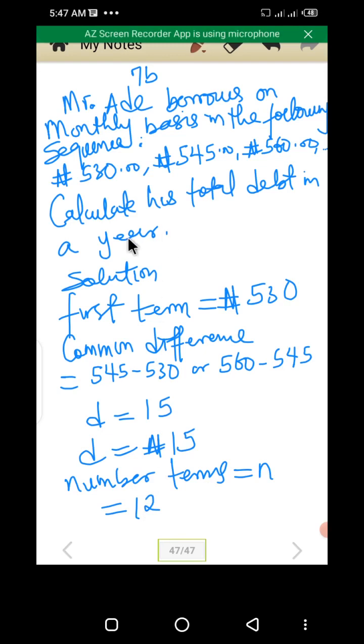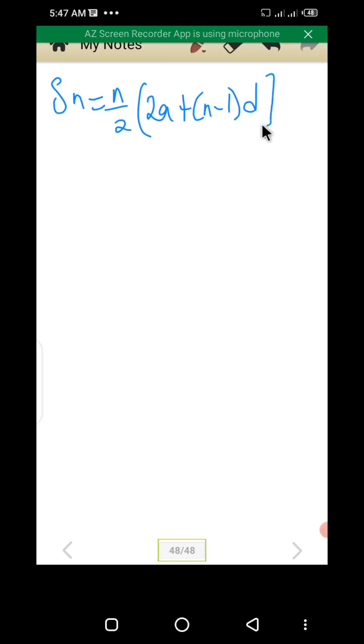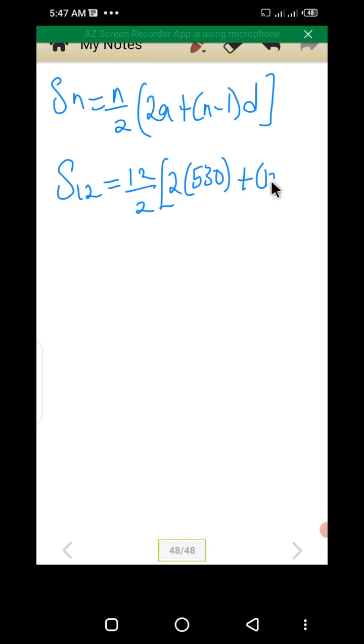To calculate the total debt, that is the sum of the debt he has borrowed in a year, we go back to the formula Sn is equal to n over 2 times (2a plus (n minus 1)d). We have the common difference, the number of terms, and the first term. So S of 12 is equal to 12 over 2 times (2 times 530, which is the first term, plus 12 minus 1 times the common difference, 15).